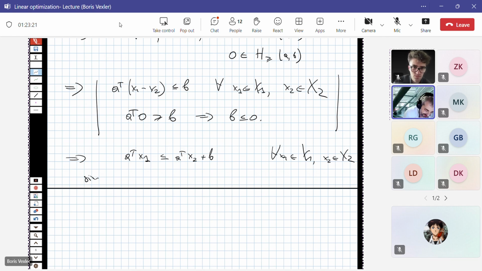And since B is less or equal than 0, you can just say that, okay, A transposed x1 is less or equal than A transposed x2. Yes, this is less or equal than 0, and therefore this is less or equal than just this. Okay, we have this for all x1 and x2 from X2. Okay, do you agree?